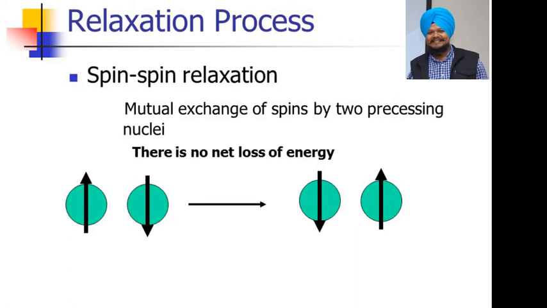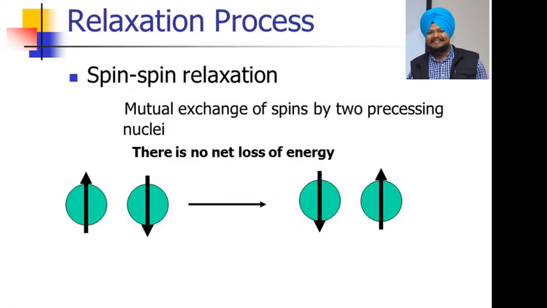For example, if we have two carbon atoms having hydrogens, since we are studying proton NMR, the hydrogens of one carbon may relax with the hydrogens of the other carbon. Therefore there will be exchange of energy, and there is no net loss of energy.